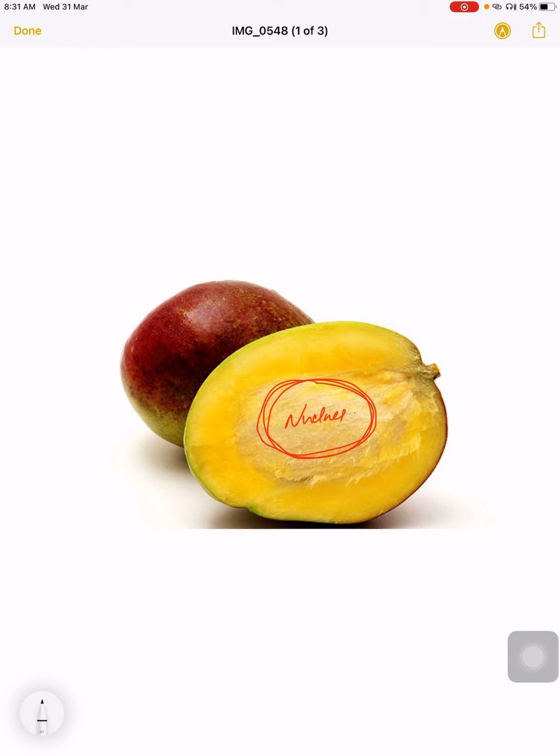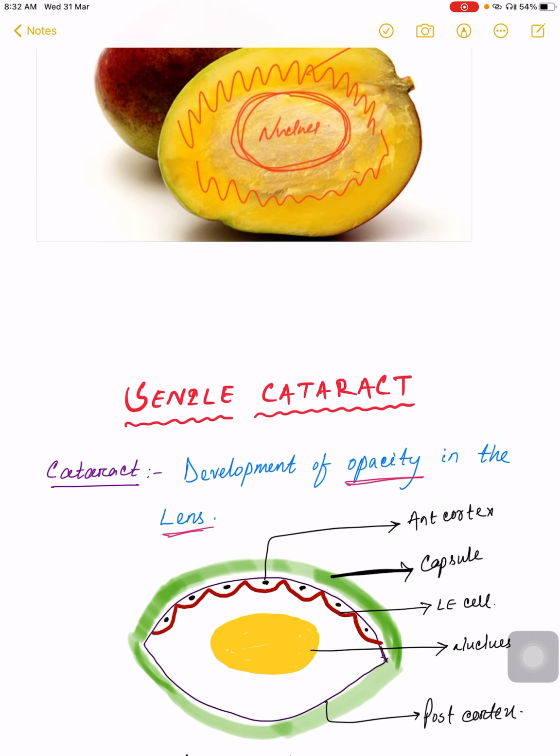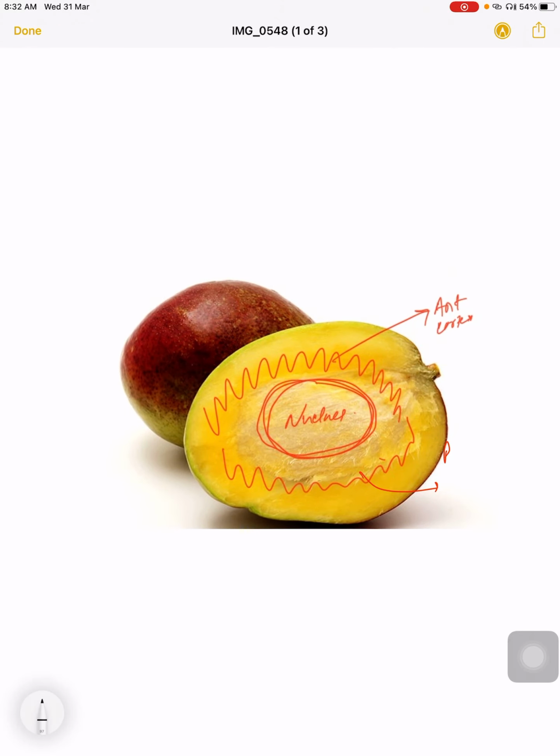The mango pulp around the nucleus is the anterior cortex, and this is the posterior cortex, right? And the covering is the lens capsule.